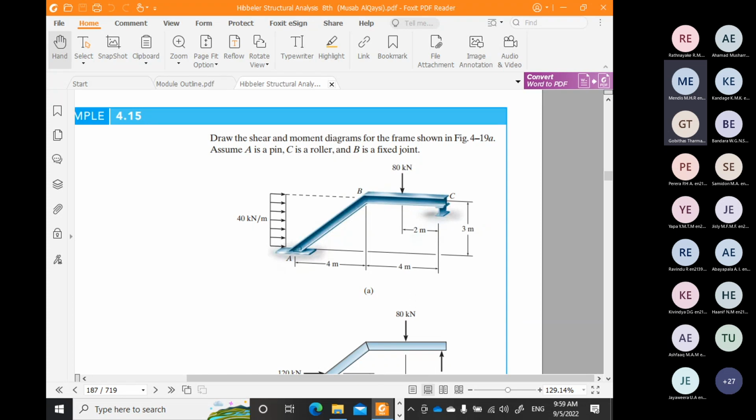Then it falls under the category called statically indeterminate structure. So R should be 3. R equal to 3 means statically determinate and stable. R less than 3, statically determinate, unstable. R greater than 3, statically indeterminate and stable.